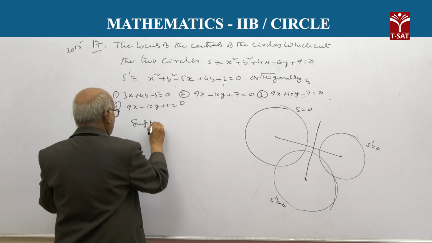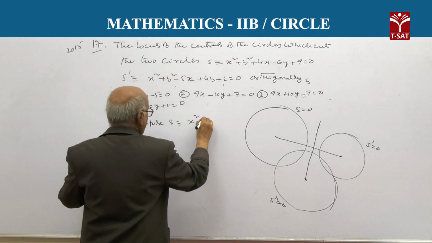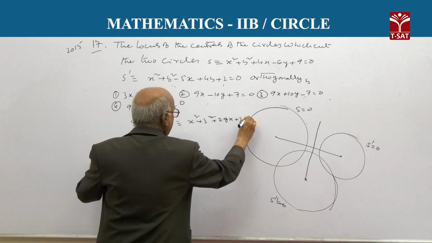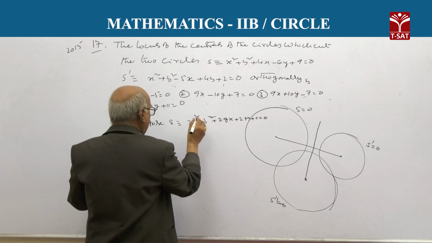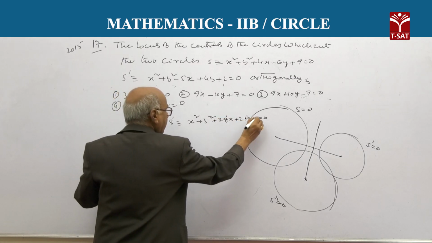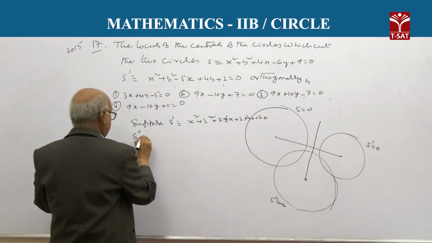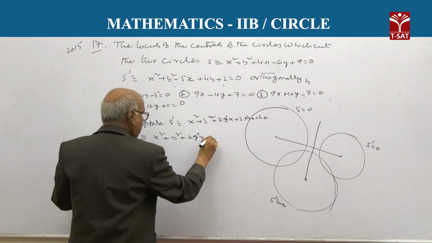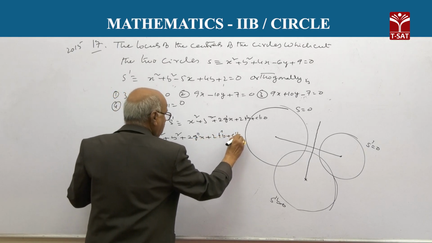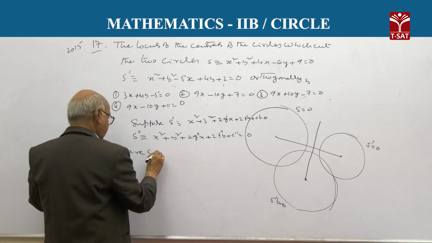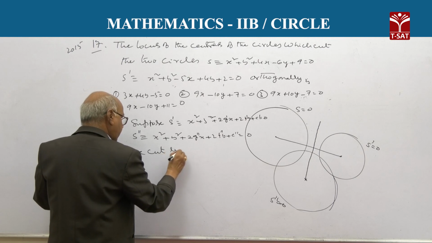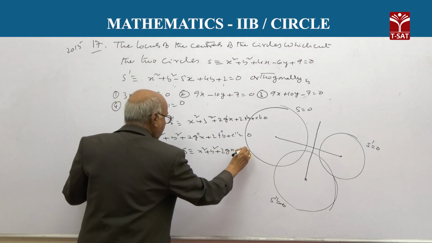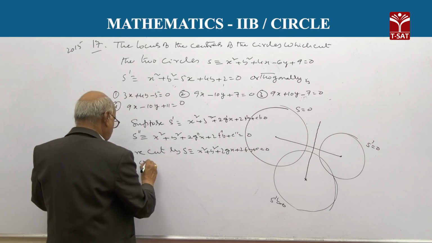Suppose S is equal to x square plus y square plus 2gx plus 2fy plus c equal to 0, S dash is equal to x square plus y square plus 2g dash x plus 2f dash y plus c dash equal to 0, and S double dash is equal to x square plus y square plus 2g double dash x plus 2f double dash y plus c double dash equal to 0 are cut by S is equal to x square plus y square plus 2gx plus 2fy plus c equal to 0 orthogonally.